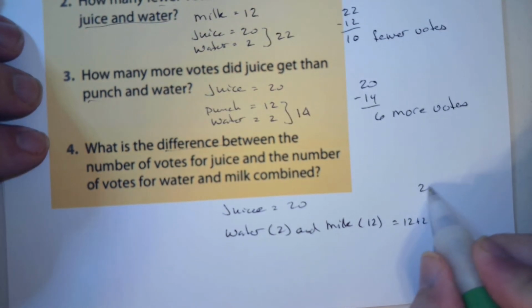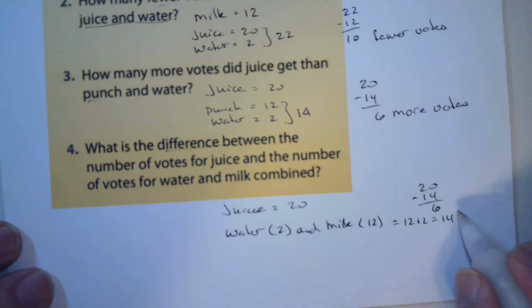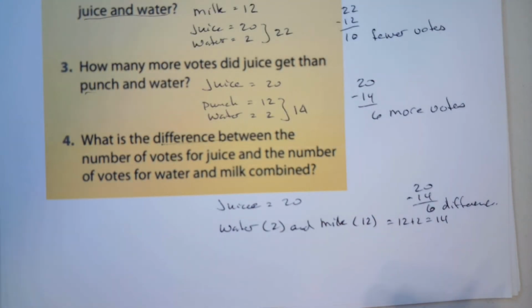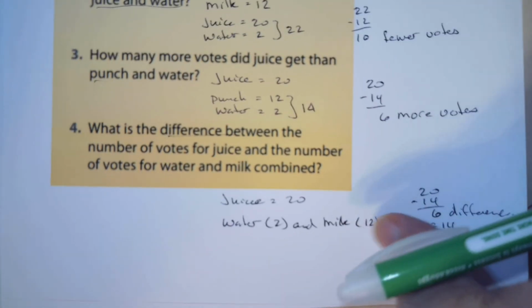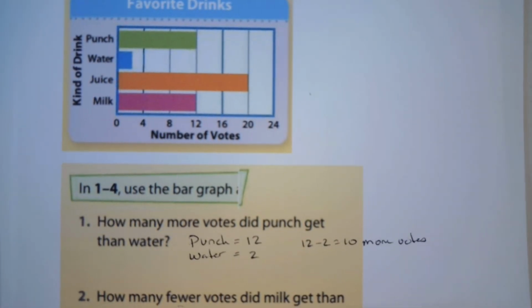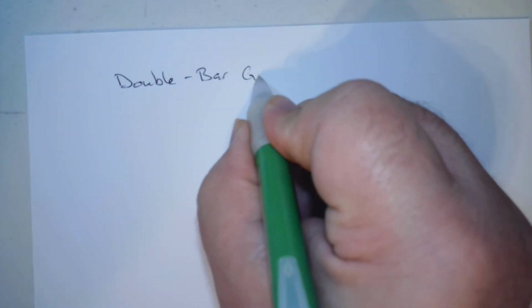The difference is 20 minus 14, which is 6. The difference. So that's how we use a bar graph. We can also have a double bar graph.